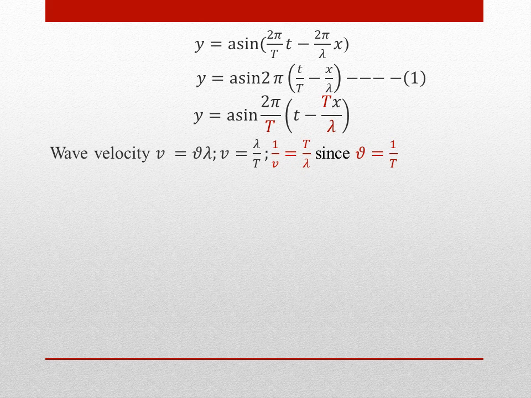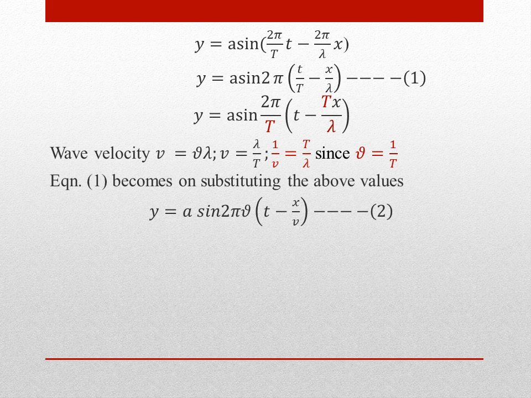Substituting the obtained terms in the equation above, we have small y to be equal to a sine 2 pi nu in brackets t minus x by v. This we call as equation 2.